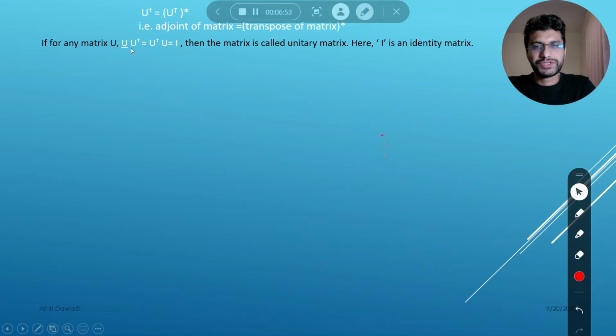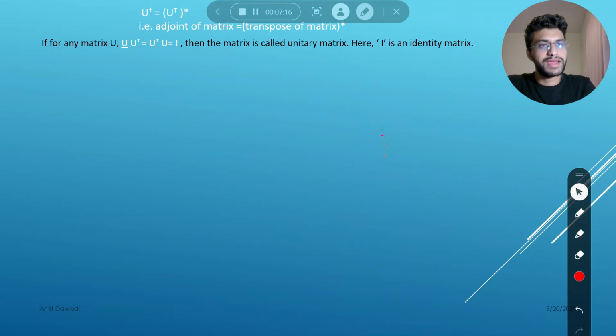So if we multiply a matrix with its adjoint and it is equal to the identity, or if you multiply the adjoint of a matrix with the original matrix and it also becomes the identity matrix, then the matrix is called a unitary matrix. Here we're going to discuss the unitary matrix and its eigenvalue equation.